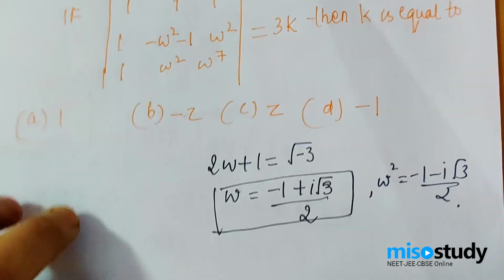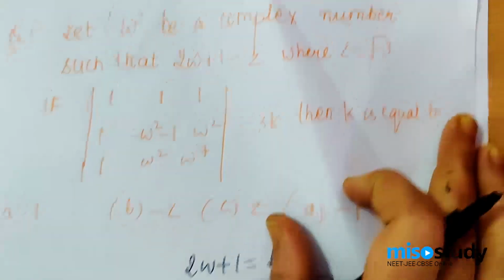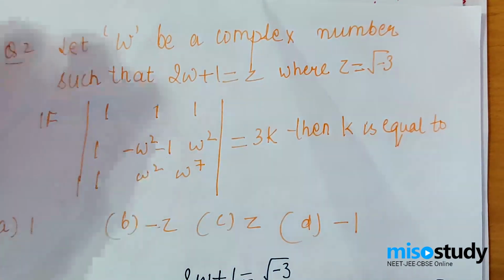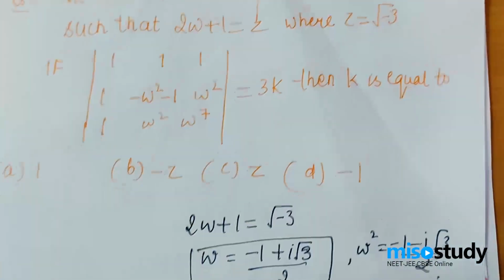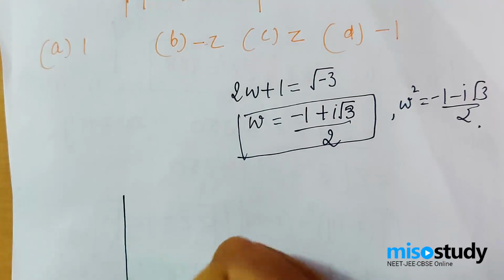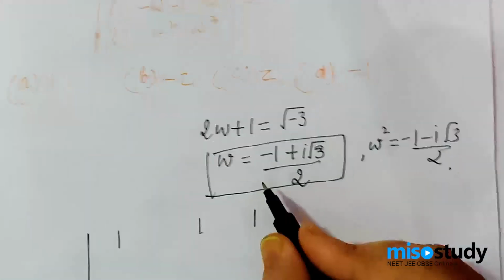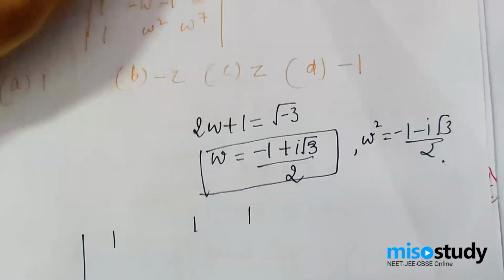Okay, so let's put in the values in this determinant, because it's given that this determinant is equal to 3k, and you are supposed to find out the value of k. So let's solve this determinant. I'll have 1, 1, 1. Now what do you know about omega and omega square as cube roots of unity?